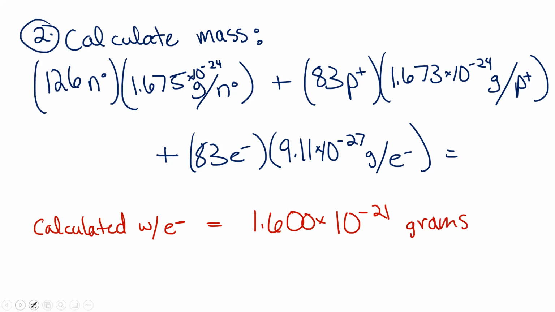So that's with electrons. And now if we calculate it without the electrons, which actually just means I'm going to go back in my calculator and just delete that value from what I just calculated, since my calculator has the display.